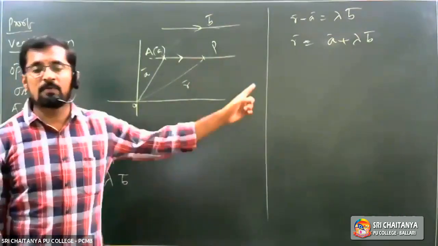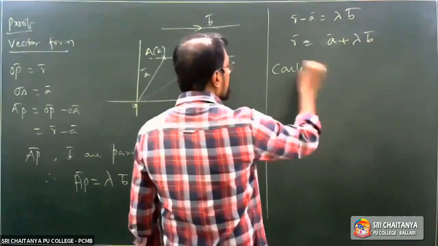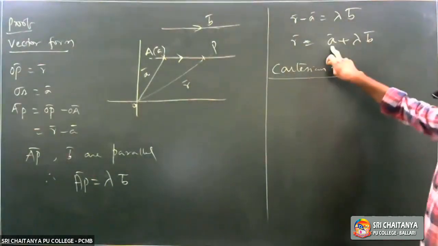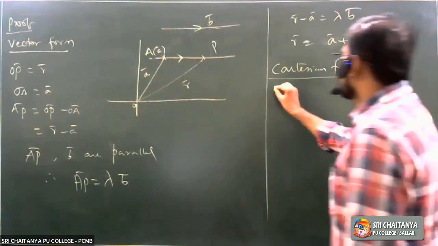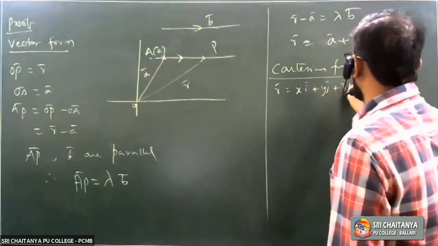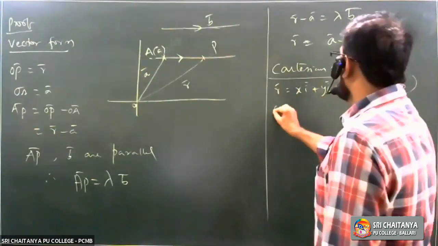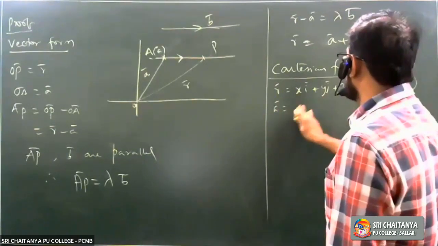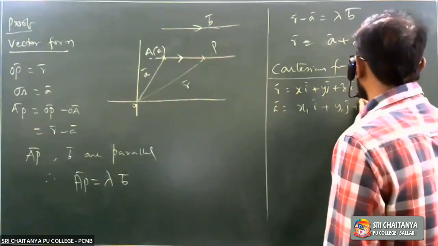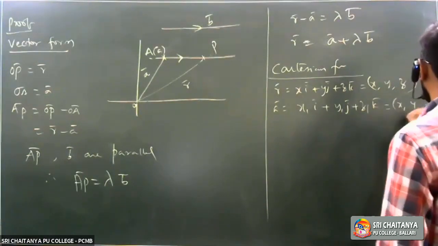While you are copying, I am going to discuss the Cartesian form also. After that, you can write. Cartesian form. While you are writing Cartesian form, you should remember this vector form completely. You consider R bar is equals to xi bar plus yj bar plus zk bar, which is equals to (x, y, z), right? A bar is equals to x1 i plus y1 j plus z1 k, which is equals to (x1, y1, z1), right?